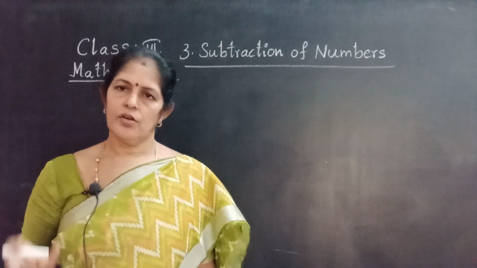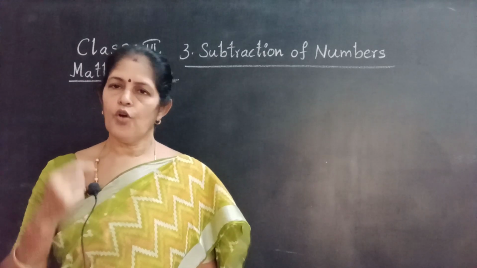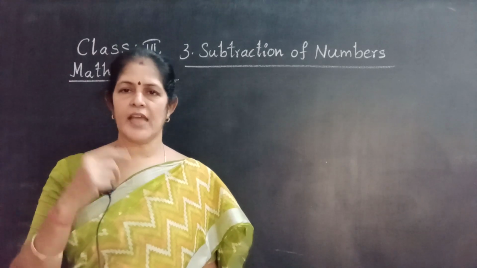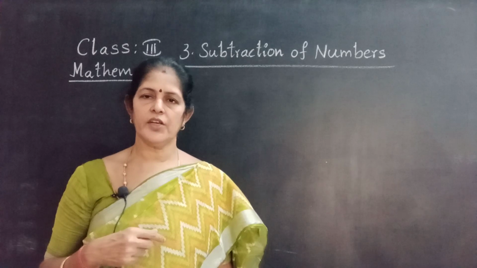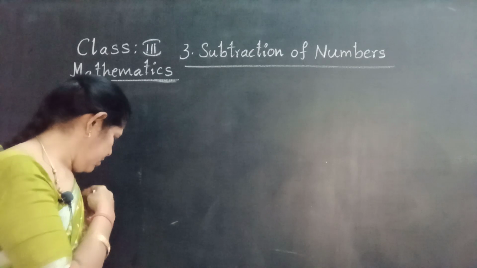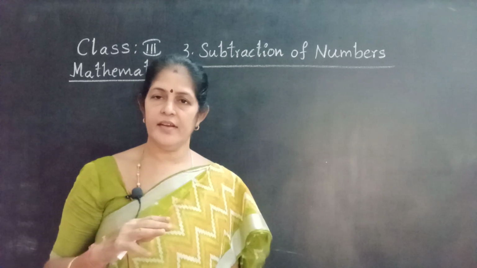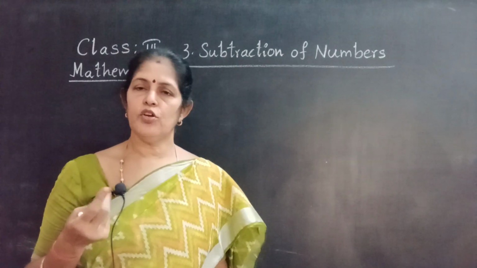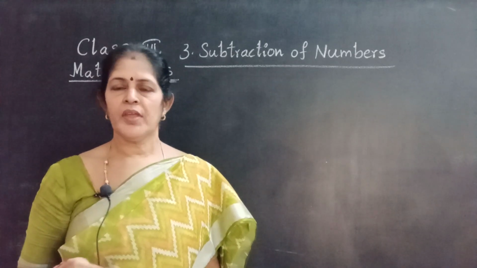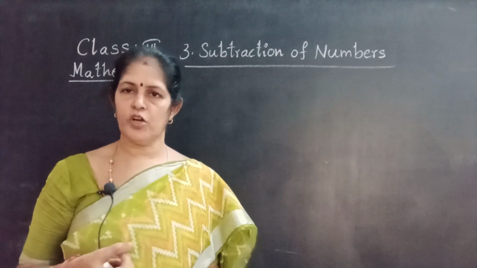Next we go to word problems. In word problems, two types are there. One is using only subtraction. In the second, we use two steps in some situations. That is, subtraction two times, or addition and subtraction at a time, or subtraction and addition at a time, or addition two times in some word problems.